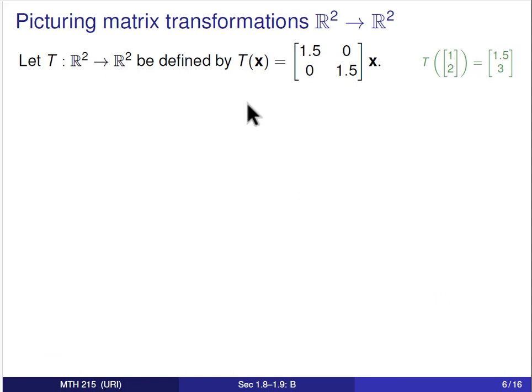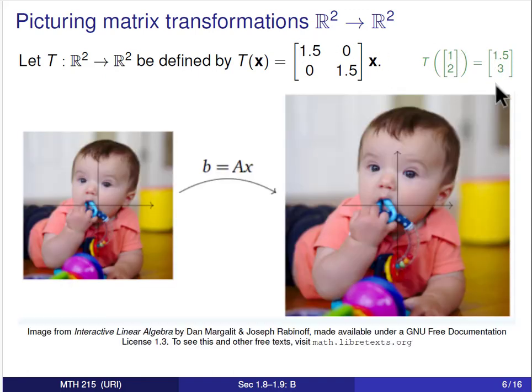So to take another example, if we have 1.5 on the diagonal of this matrix, and we use that to define our matrix transformation, plugging in (1, 2) would give us (1.5, 3). In particular, (1, 2) might correspond to this baby's eye, and as you keep track of where that eye goes, (1.5, 3) is just a little bit farther up from the origin.